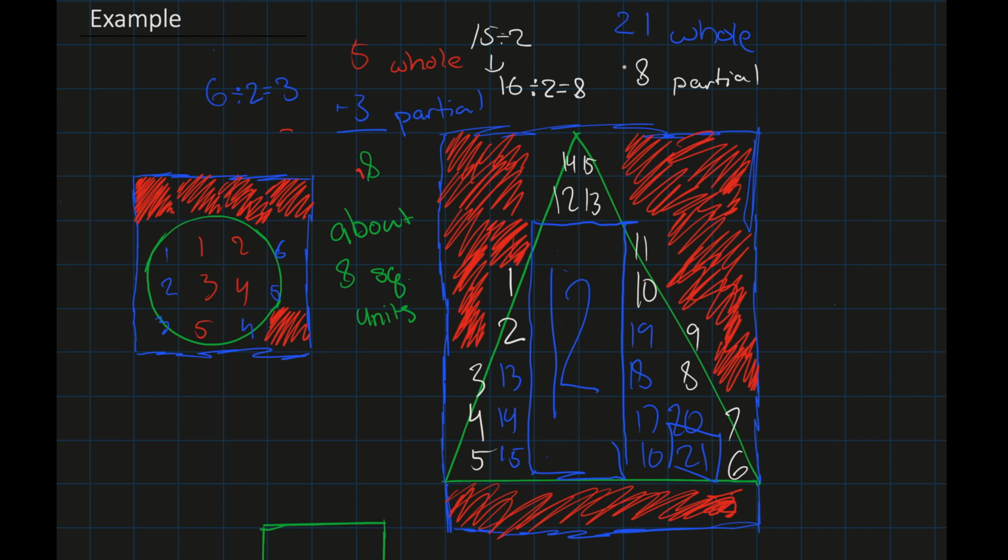And now all you have to do is add them up. 1 plus 8 is 9. Carry down the 2 is 2. So the answer here is 29 square units.